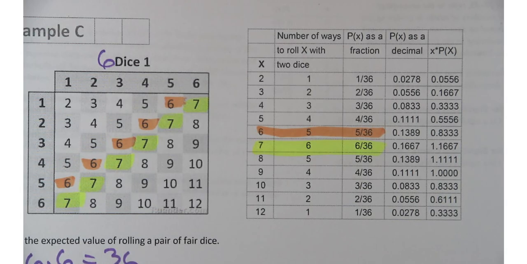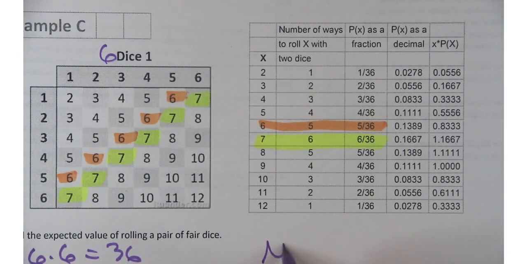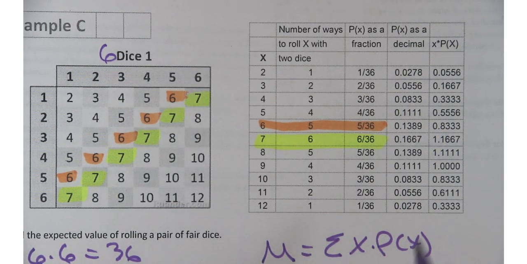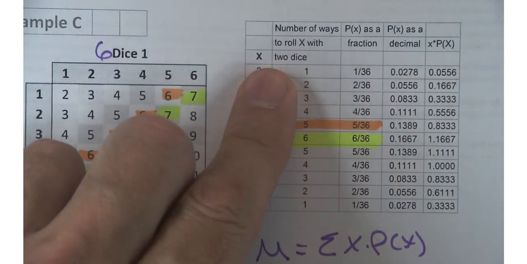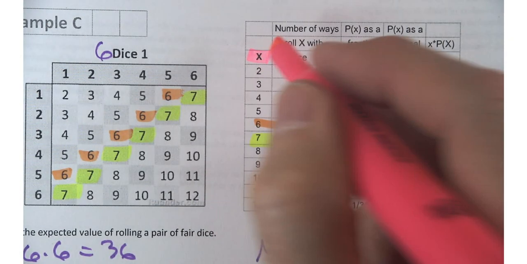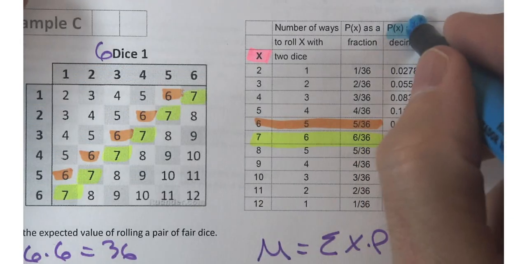And so let me explain how to calculate the mean of a distribution. Mu is going to be the sum of x times P of x. So x is your column over here, that's the actual value of our variable. And then P of X is its corresponding probability, which we're going to use as a decimal.